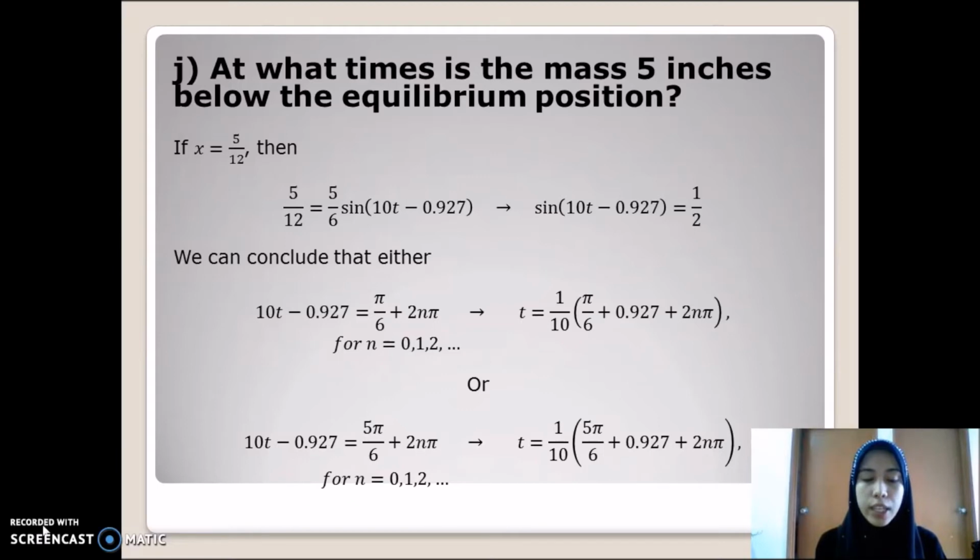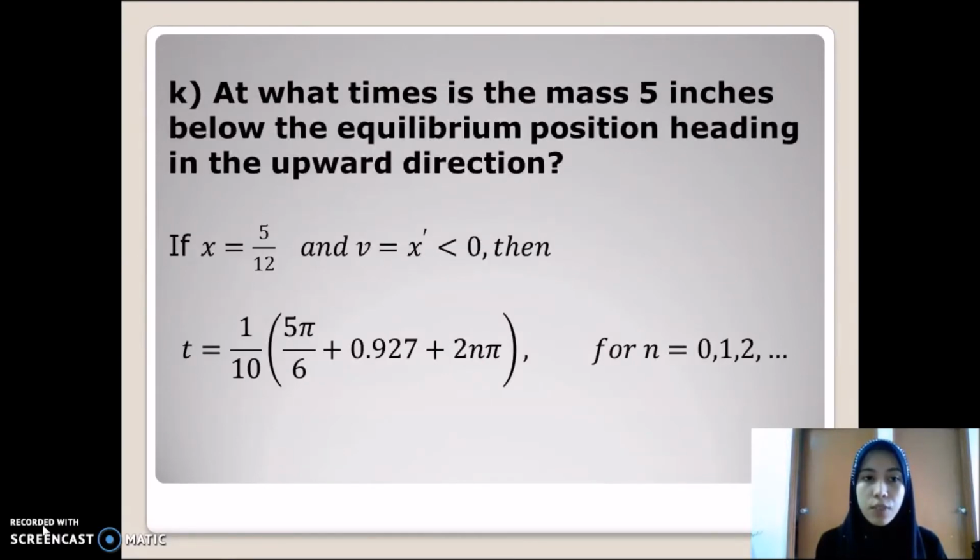We can conclude that we can choose either formula 1 or formula 2, where the difference is that there is a 5 pi in the second equation and no pi in the first equation.